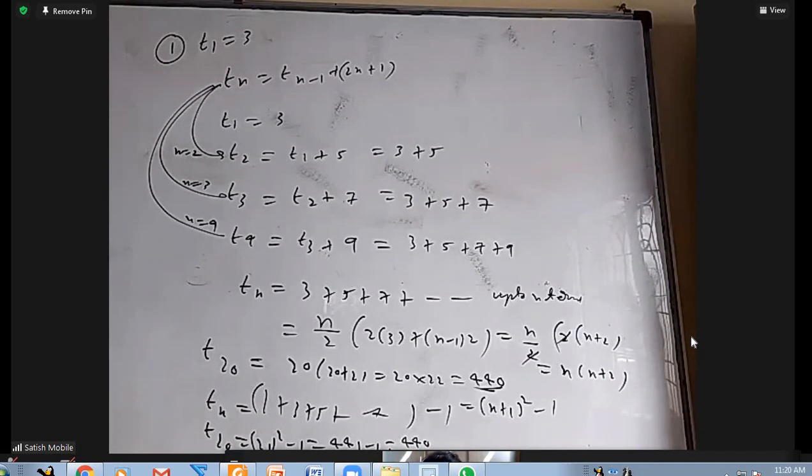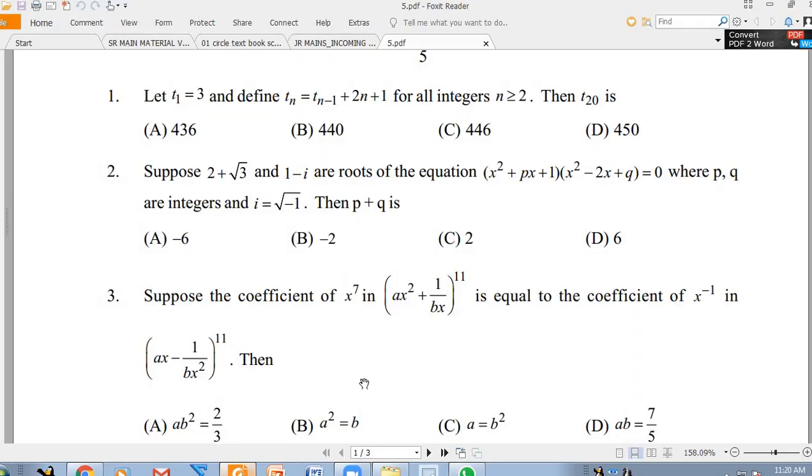All right. So now let us look at the second question. Okay, so in the second question, they said 2 plus root 3 and 1 minus i are roots of a fourth degree expression, which is x square plus px plus 1 into x square minus 2x plus q.